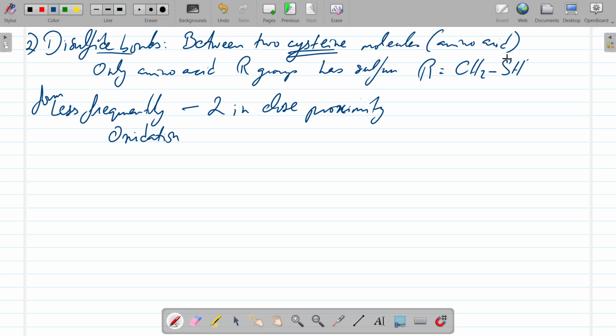There's the oxidation of each, and what you go on to have is a disulfide bond, right? So the hydrogens are removed, and we know one definition of oxidation is the loss of hydrogen. So the hydrogens are being removed from the sulfur of each of the two cysteines, and there's a bond being formed between the two sulfurs directly. Now this is a covalent bond, so the disulfide bond is a covalent bond.